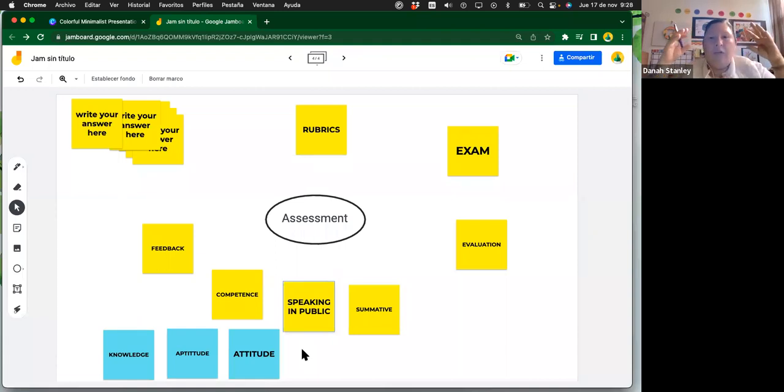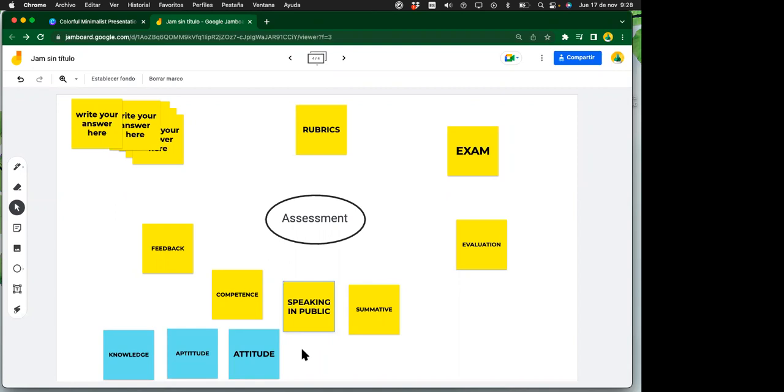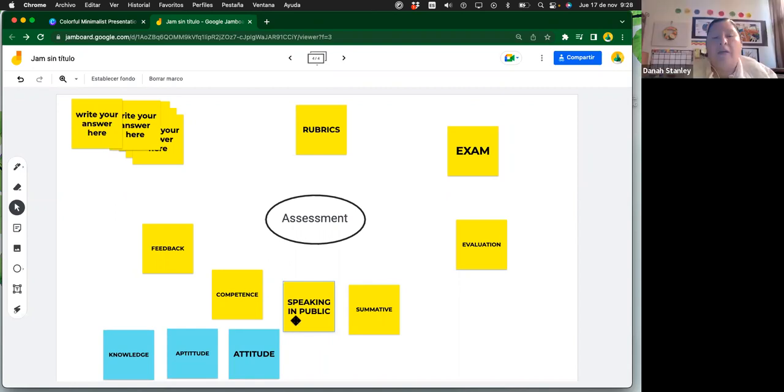Thinking about your students, what is more useful, which is richest, more nutritious? Giving a presentation in public. Exactly. Because in here, I'm putting into practice all these three things.